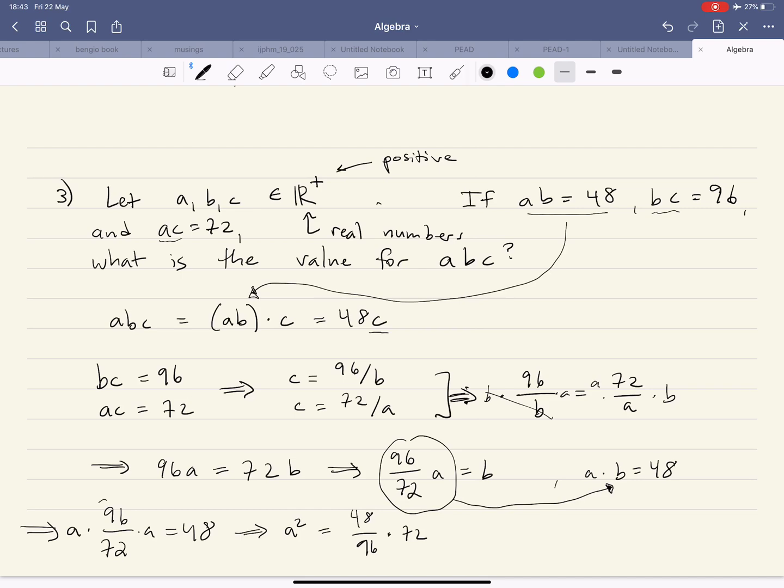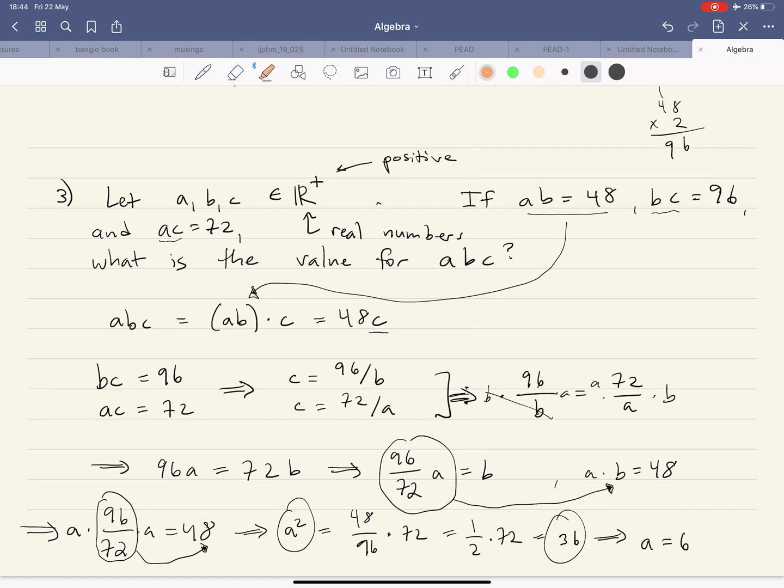Because I brought this 96 over 72 over to this side, which means I'm multiplying with the inverse, which is 48 over 96. Now, 48 over 96 is actually just 1/2, right? 48 times 2 is going to be 96 times 72. Well, half of 72 is 36. So this tells me I've got A squared equals 36, A equals 6.